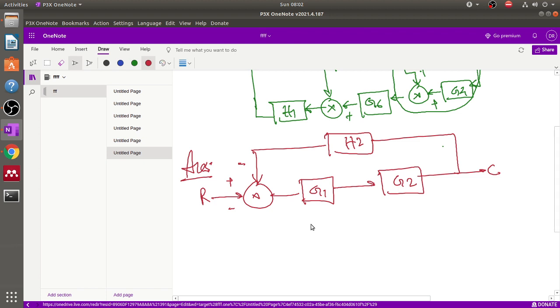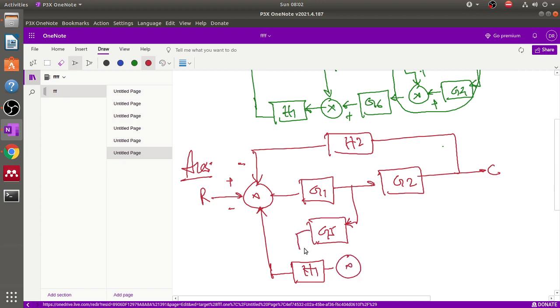Now here one G5 gain is present coming from here, and from here one feedback H1 is present. Then there is a summing point, and here one signal is coming, addition plus, and here one gain G6, and these two signals are just in a parallel rule.